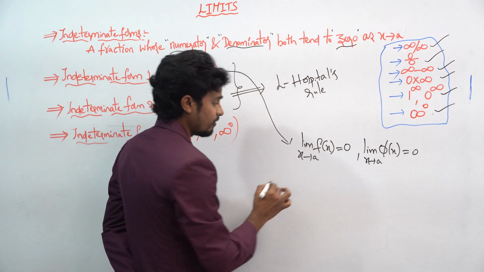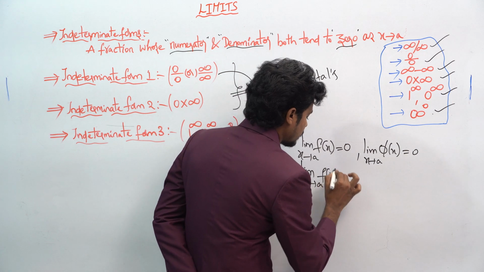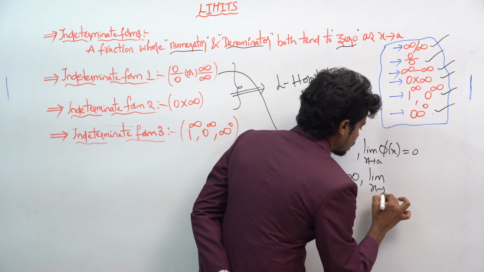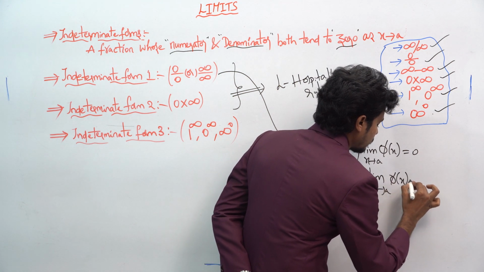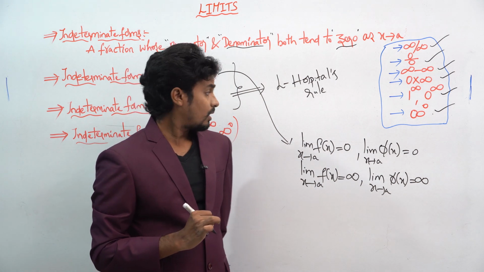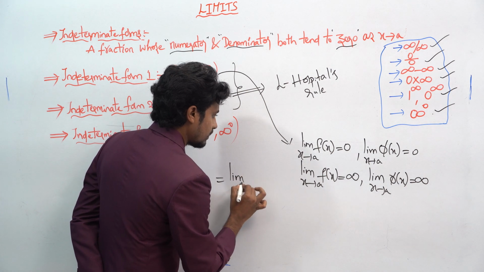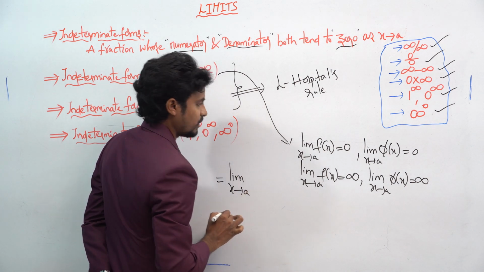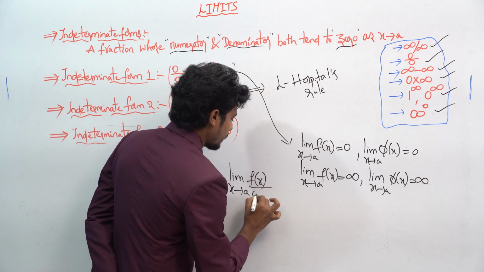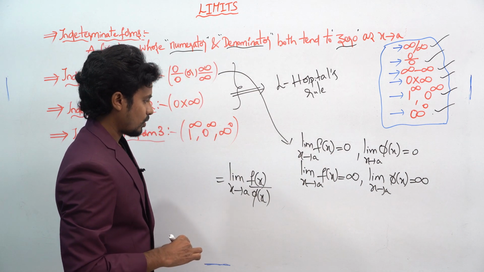And similarly, if limit x tends to a of f of x is infinite, and limit x tends to a of phi of x is infinite. Here, if you want to apply the limit x tends to a of f of x divided by phi of x, what will happen?